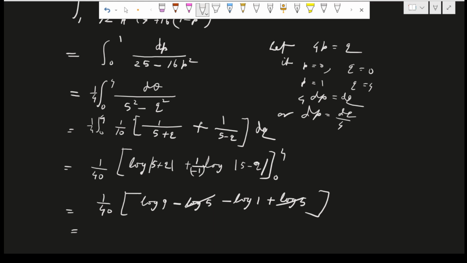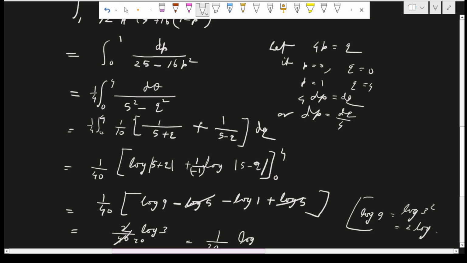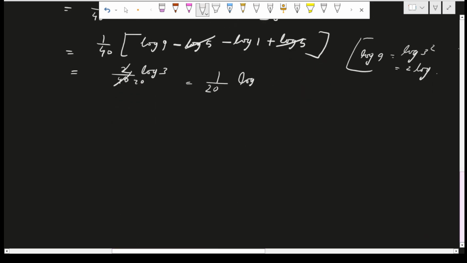So we get log 9, and log 9 means 2 by 40 log 3, as log 9 is equal to log 3 square. Hence finally 1 by 20 log 3.